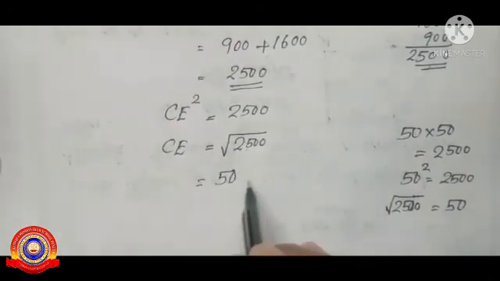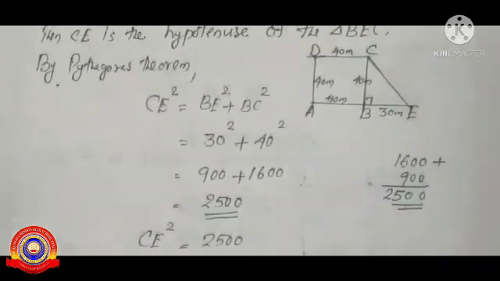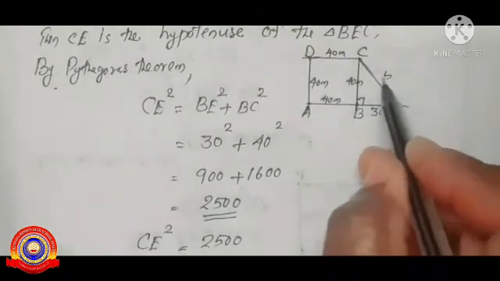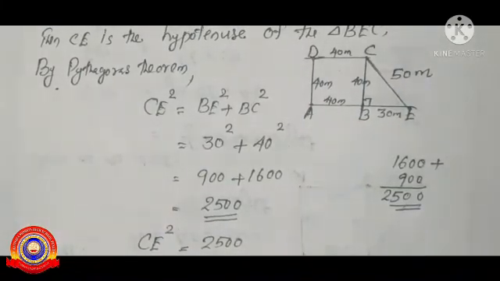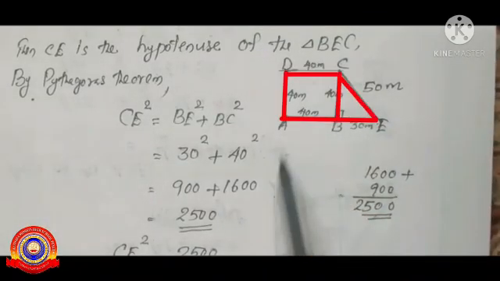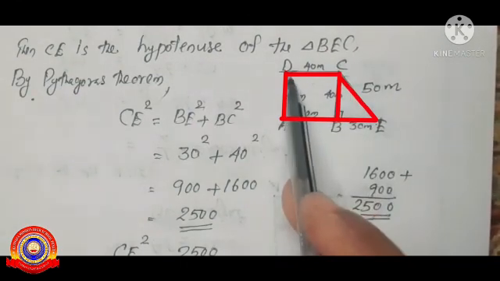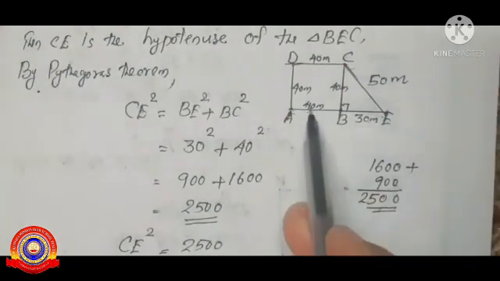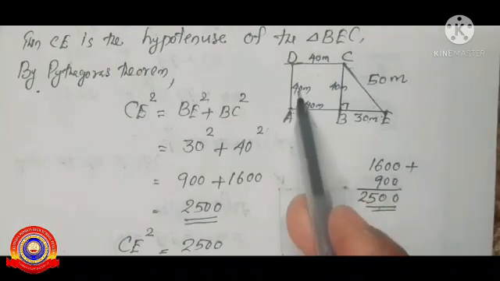So the length of the hypotenuse EC equal to 50 meter. We have to find the perimeter of the given plot. We know that perimeter is the sum of all sides. So the perimeter of the given plot A, B, E, C, D, A is AB plus BE plus EC plus CD plus DA, which is equal to 40 plus 30 plus 50 plus 40 plus 40.